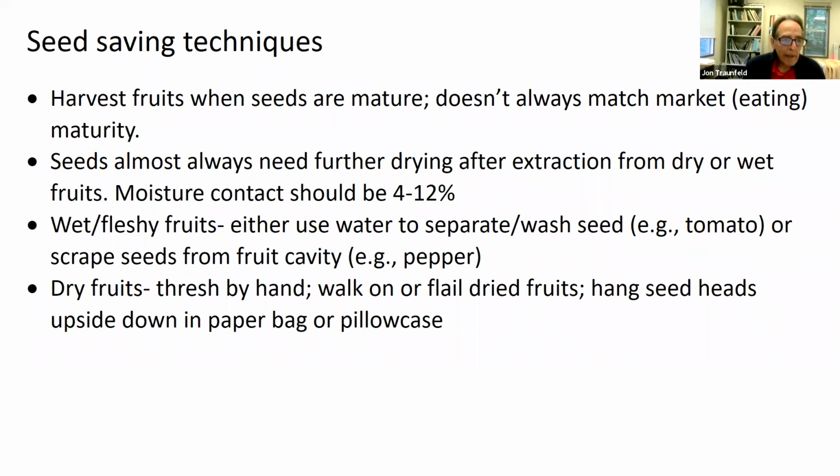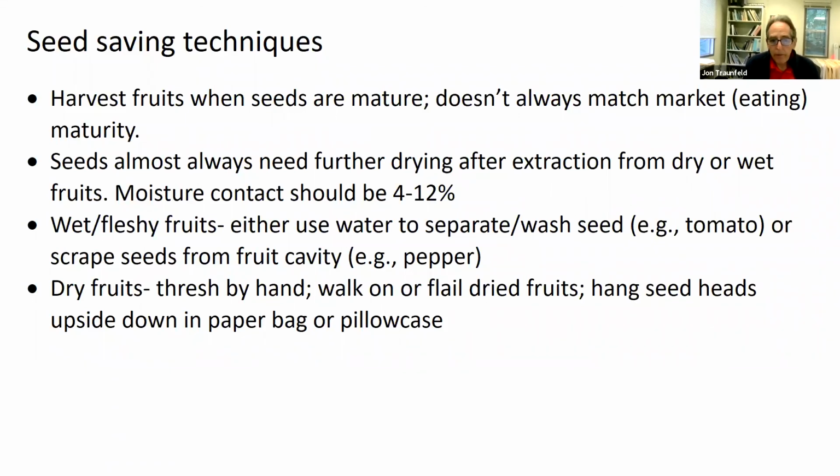I mentioned that seeds are not always mature when we would typically eat that crop. Squash and pumpkin are good examples, cucumber, eggplant. Other crops, we can save seed at the time we would typically eat the crop.